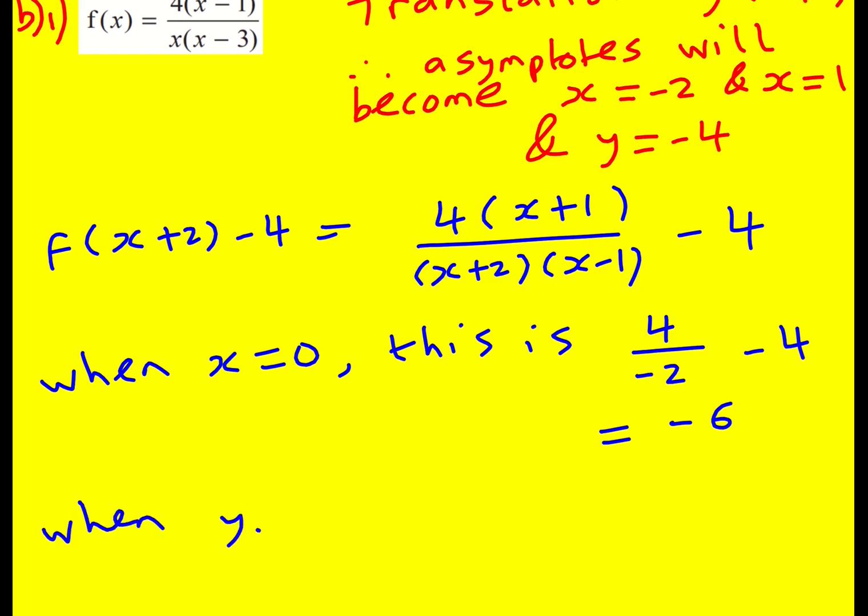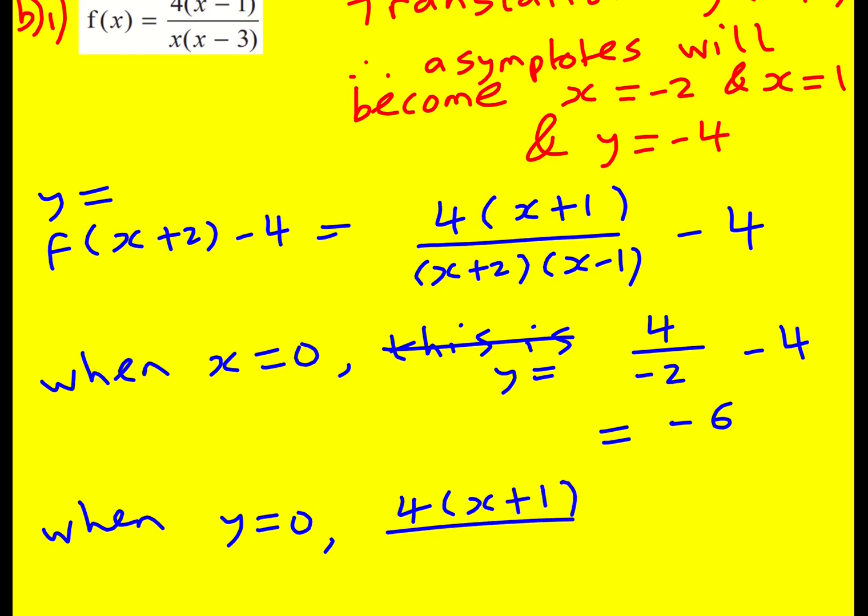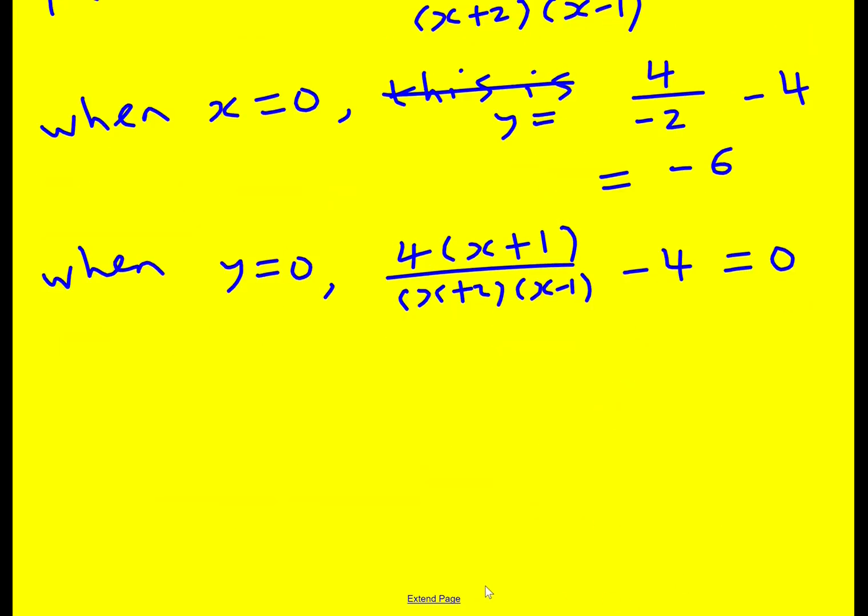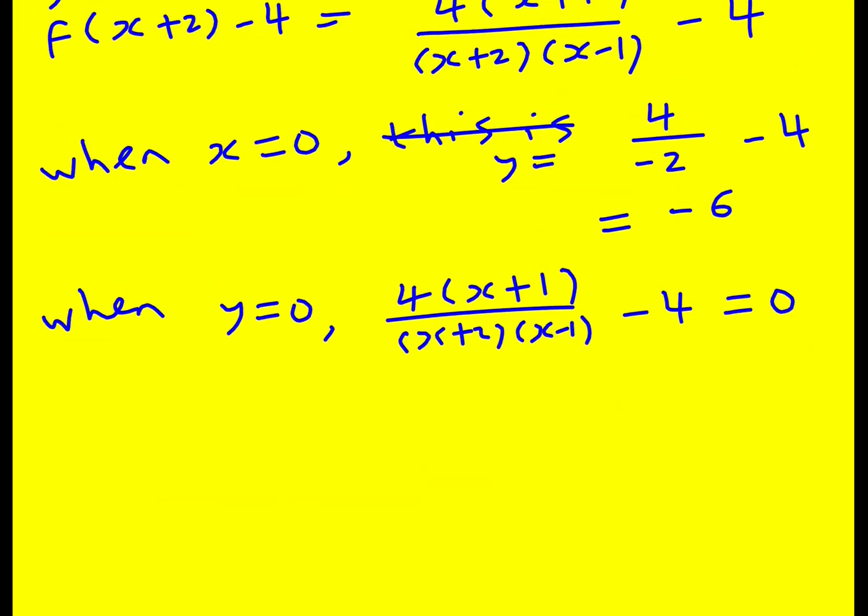And then when y is equal to 0, maybe I should call this thing y just to make it really clear. Y is equal to this. When y is equal to 0, we get that 4 lots of x plus 1 over x plus 2, x minus 1, minus 4, is equal to 0. I can add 4 to both sides and divide through by 4.